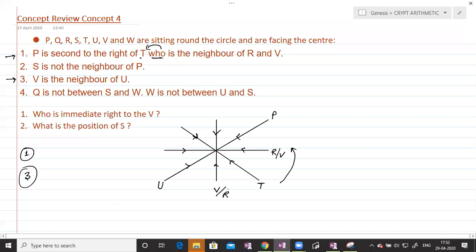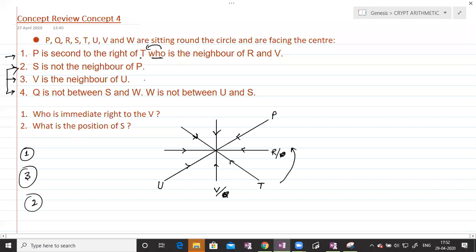Right? Now, next one. It means I can say that V should be here, R. Now, next one. Look at the second statement. S is not the neighbor of P. Second and the fourth statement will give you the complete idea, I think.